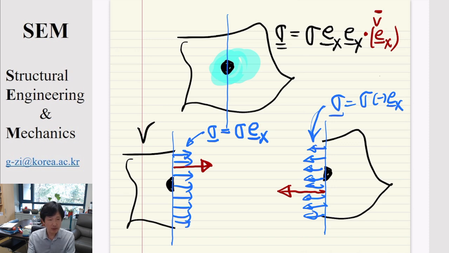Okay, instead of dealing with traction, let's try to integrate. If you integrate the stress over the cross section, then it becomes axial force. This is a vector. This is internal force.